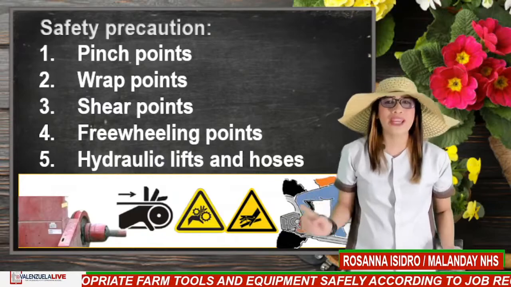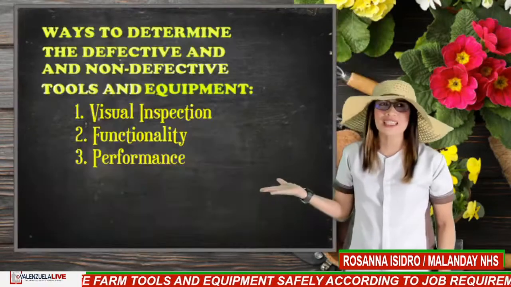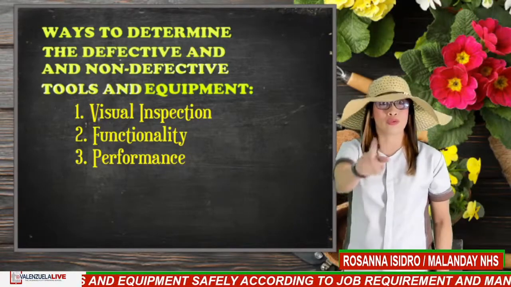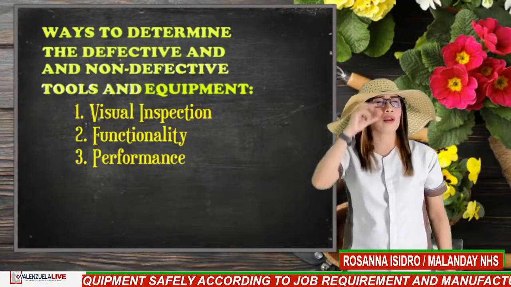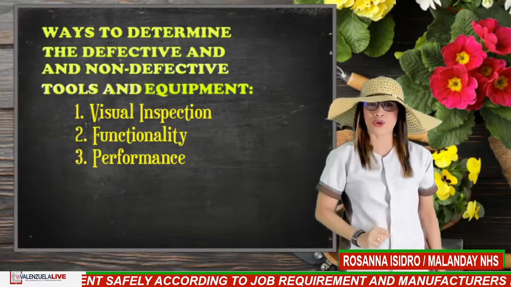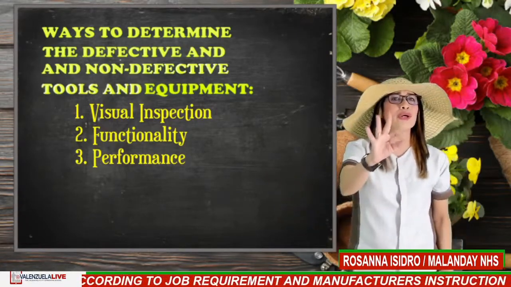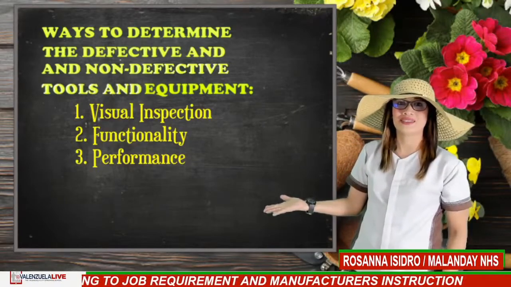Now, there are ways to determine the defective and non-defective tools and equipment. And those are, number 1, visual inspection. Second, functionality. Third, performance.